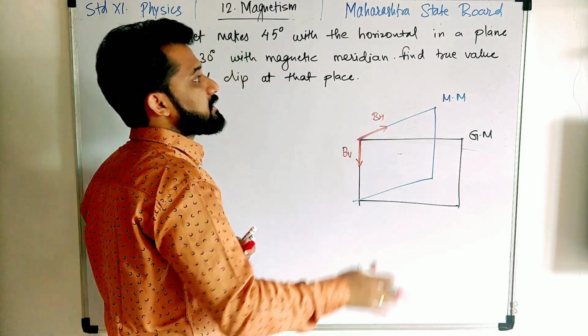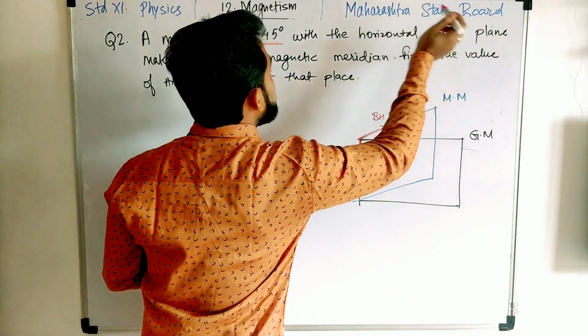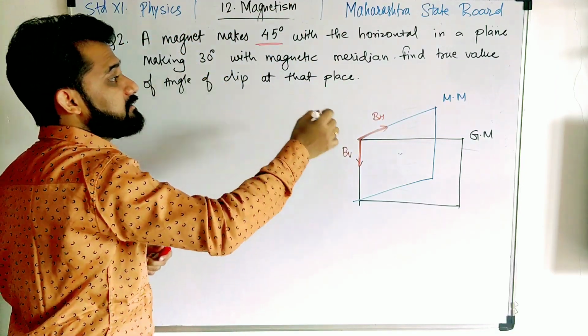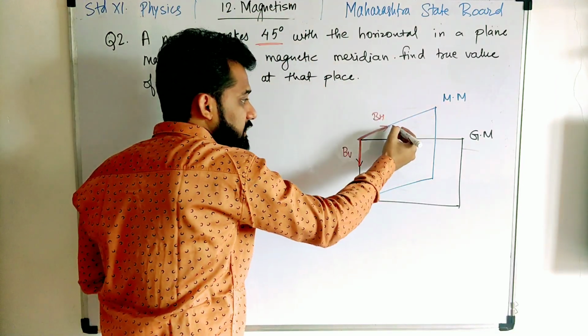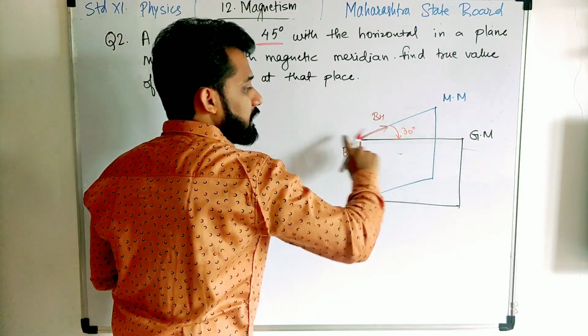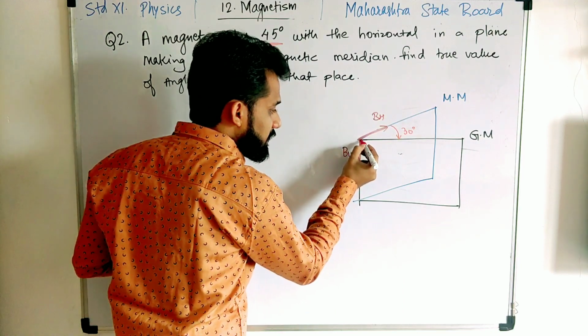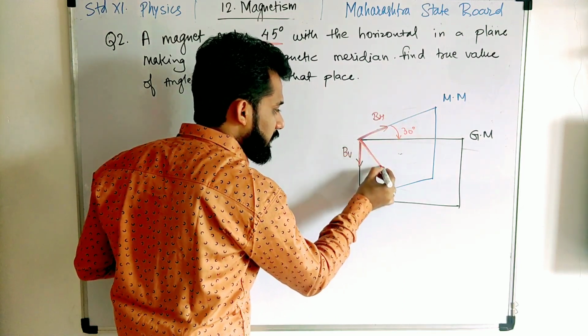But the problem is the magnet is lying, it is making 45 degree with horizontal in a plane 30 degree with magnetic meridian. At 30 degree from the magnetic meridian there is another plane, and in this plane the magnet is making 45 degree. So let us say this is the magnet.